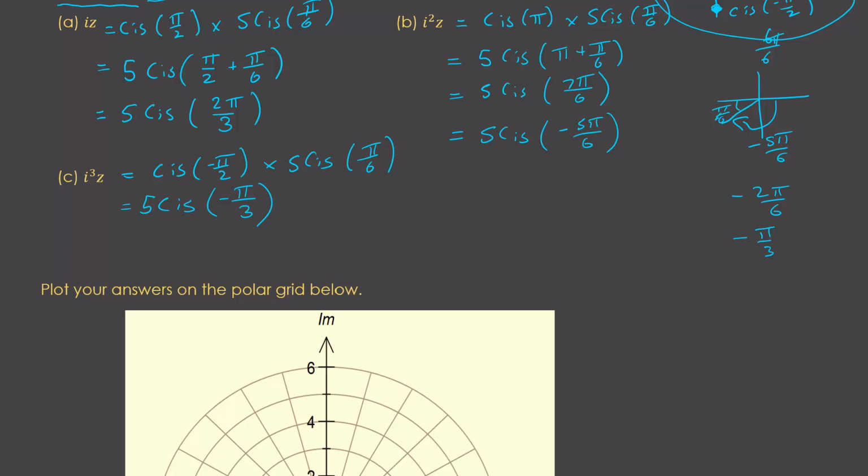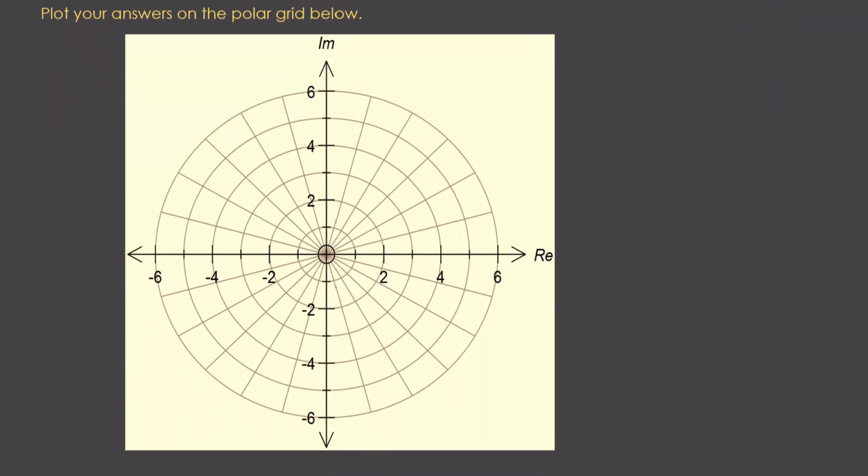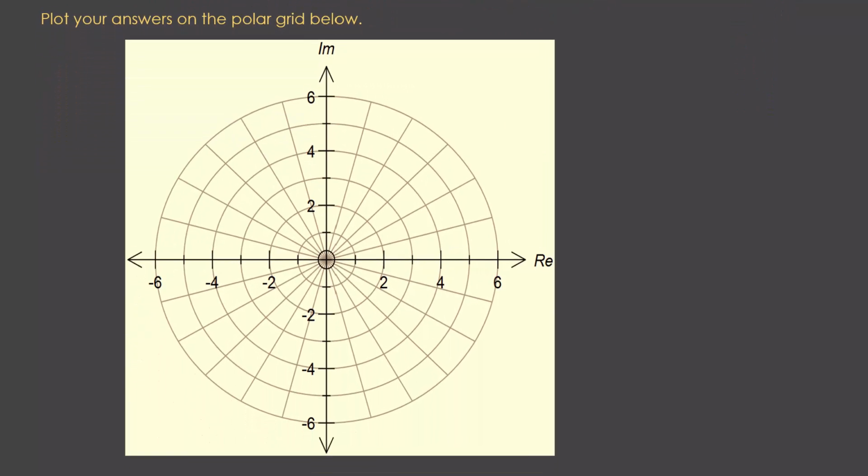Okay, so we want to put those on the polar grid below. So the first one is 5 cis 2 pi by 3. Now the rays here are, so this one is pi by 6, they're pi by 12s. So 2 pi by 3 would be on this ray here.